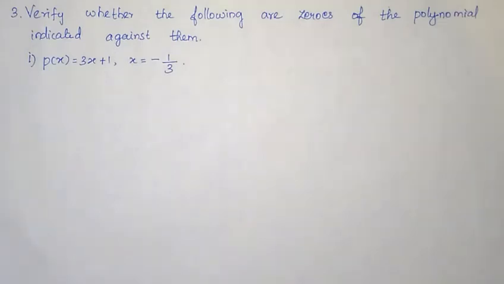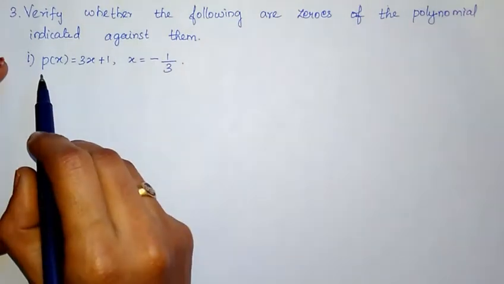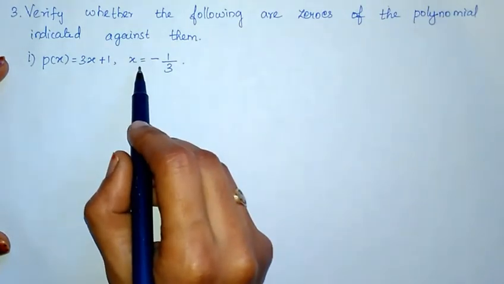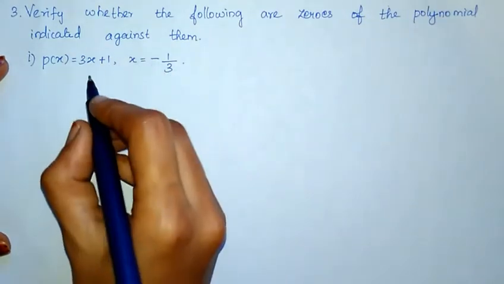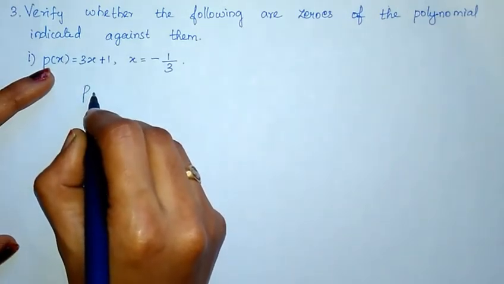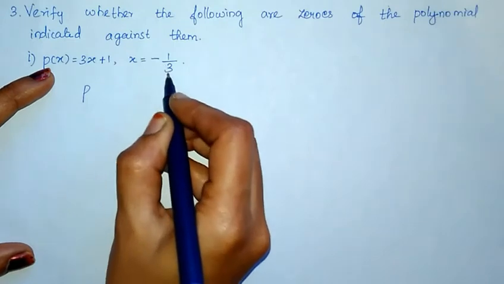Exercise 2.2, third question. Verify whether the following are zeros of the polynomial indicated against them. First one, the polynomial p of x is 3x plus 1. The value of x is minus 1 by 3. Now, in the place of x, apply minus 1 by 3.